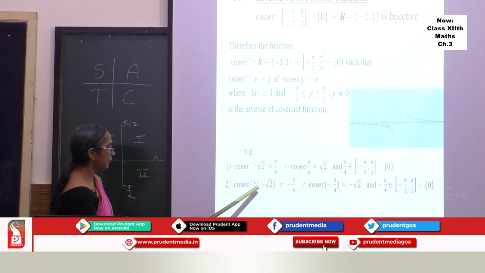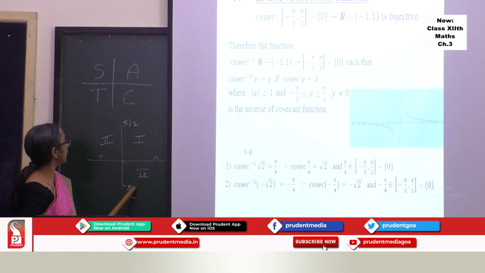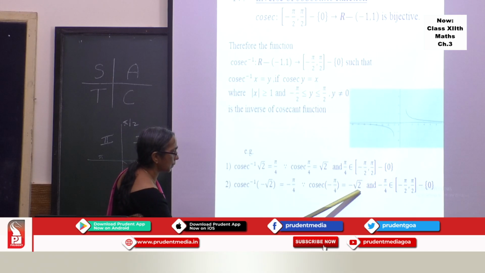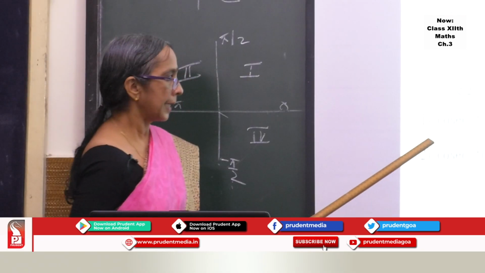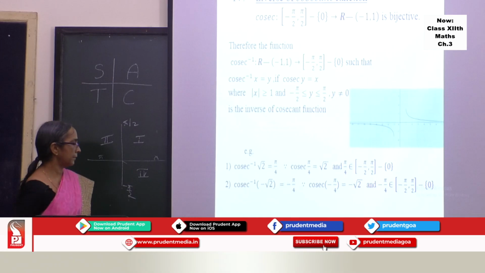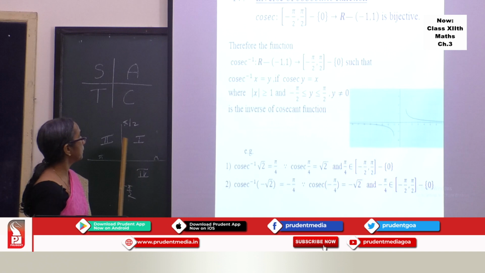And for cosec inverse of minus root 2, like the sine inverse function, it is an angle between minus pi by 2 and 0. Cosec of minus pi by 4 is minus root 2, and minus pi by 4 is in the range of the function. Therefore, cosec inverse of minus root 2 is minus pi by 4.